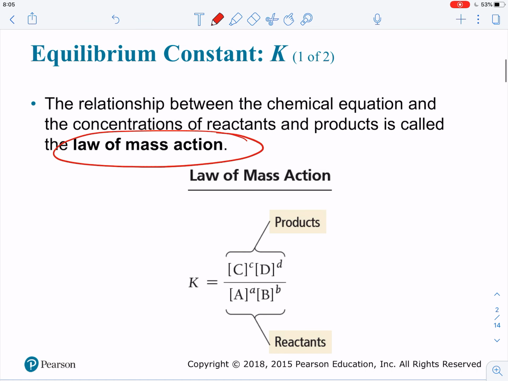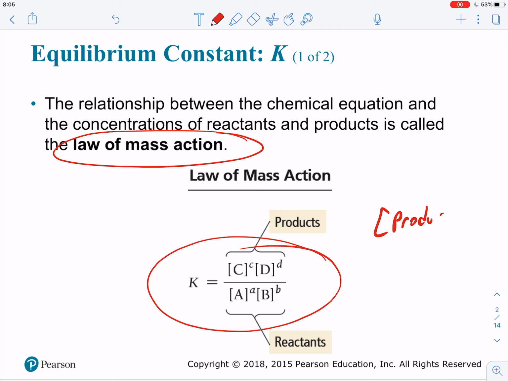And this constant is rather simple to write, because so that you remember this quickly, let's put it this way: it's products over reactants. What of the products? What of the reactants? The concentrations.